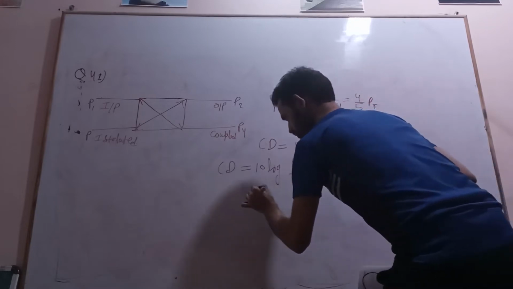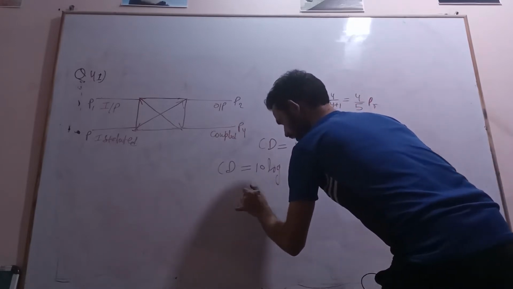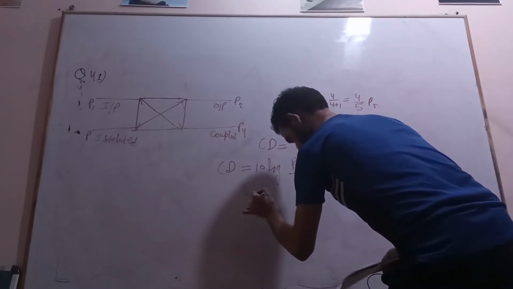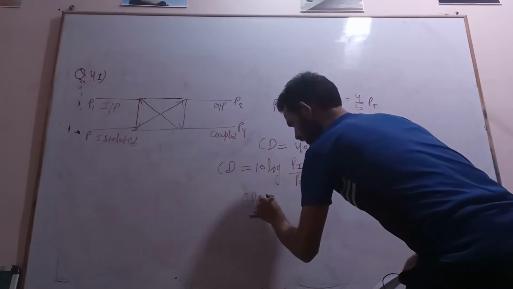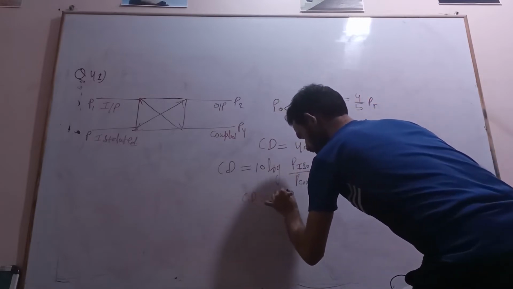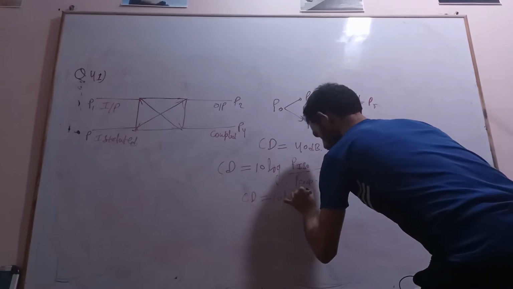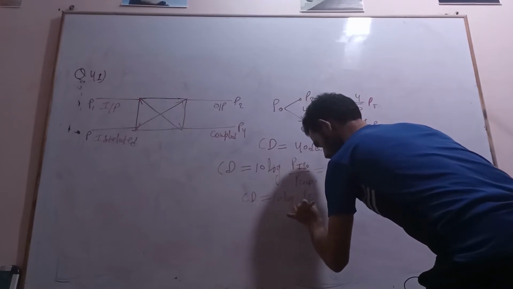So the coupler directivity is 10 log P3 by P4.